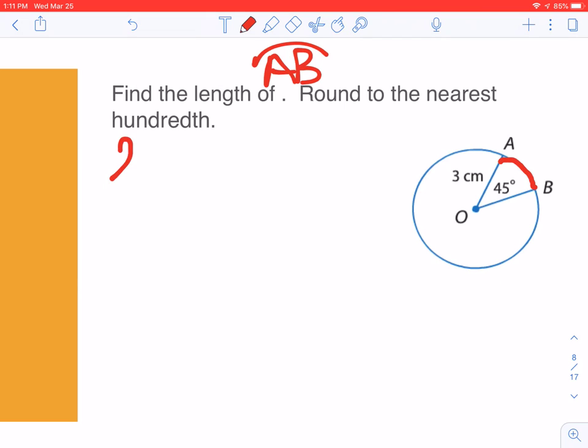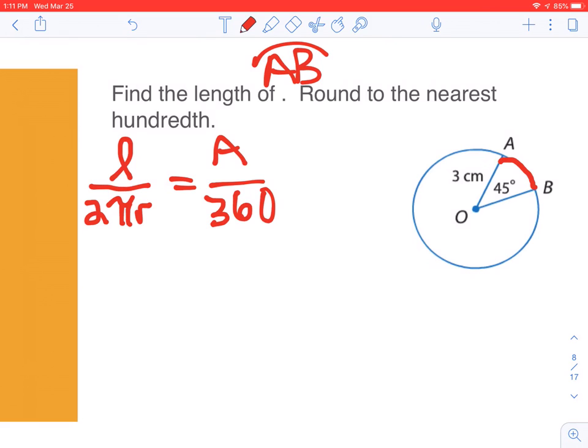We have the length, which is L, over 2 pi r equals the angle, I'm just going to put A, over 360. So basically with these problems, we're going to fill in two of the letters and we're going to use algebra to solve.